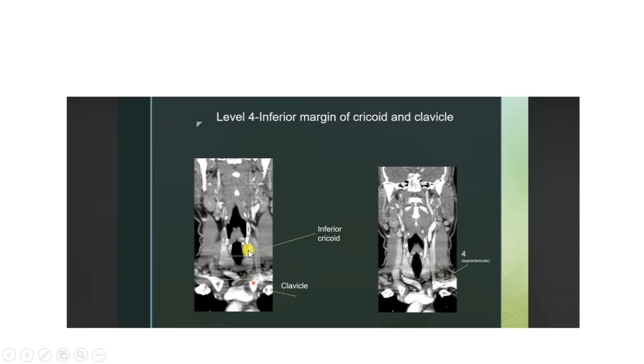And for level 4 lymph nodes, we have to remember the anatomical landmarks, the cricoid cartilage and the clavicle, and from this level to this, near the internal jugular vein, the level 4 lymph nodes are identified.